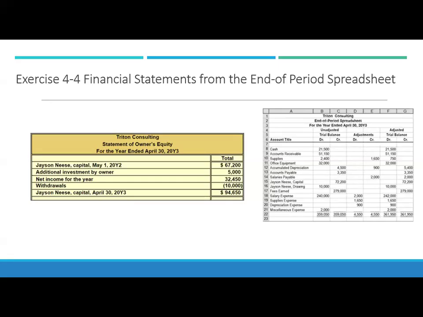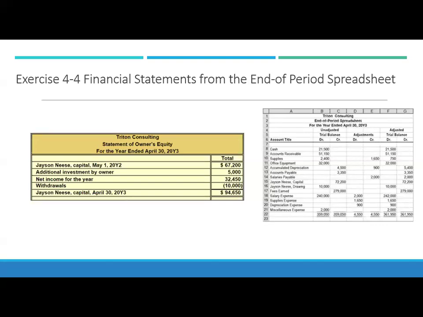We can do that because during the day-to-day journal entries, the only transaction that's affecting the Jason Neese capital account is additional investment by the owner. Even though there are other transactions affecting the equity portion of the accounting equation, they aren't actually hitting that ledger account.